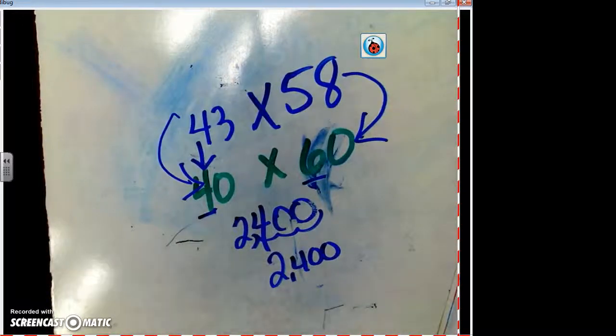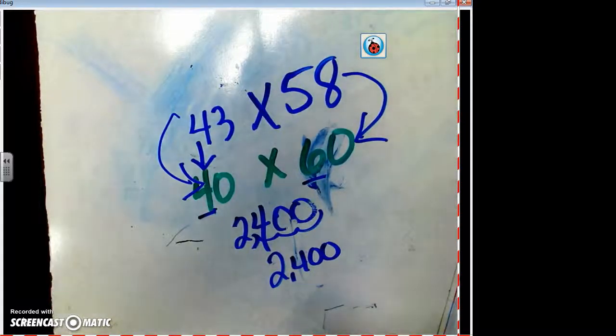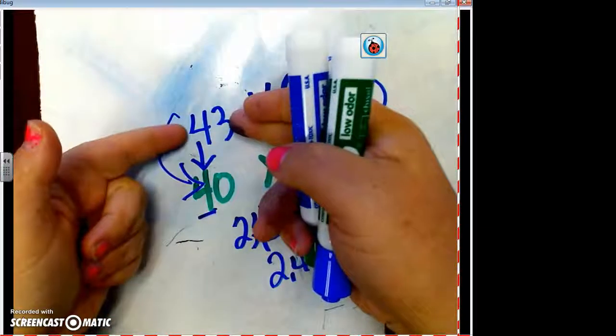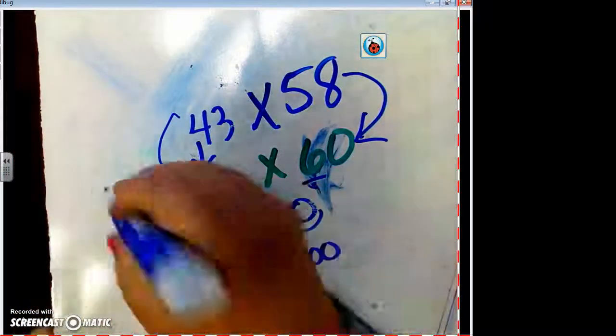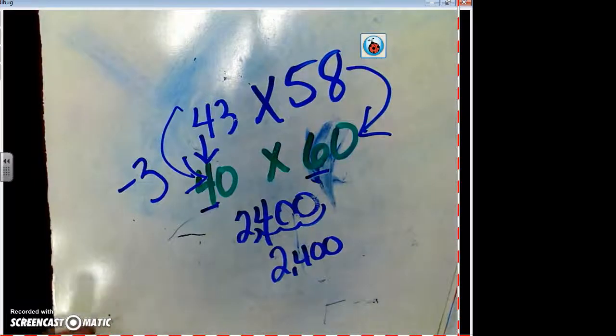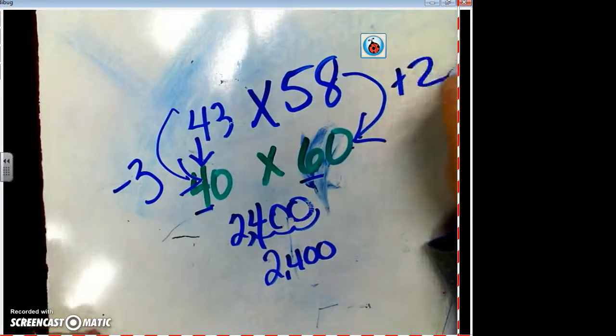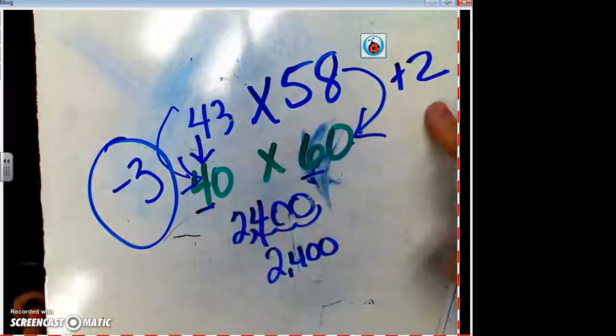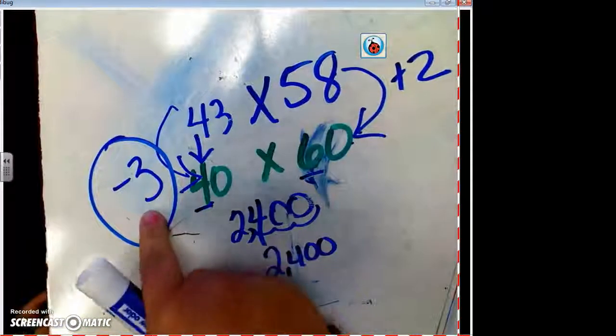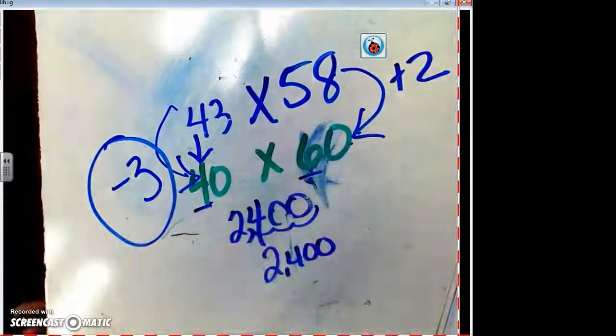When it comes to that, where one number's going up and one number's going down, you have to look at the amount of change. How much did you change this estimate from 43 to 40? Okay, I went down 3. How much did I change from 58 to 60? A change of 3 is more than a change of 2. I went down, so it would be an underestimate.